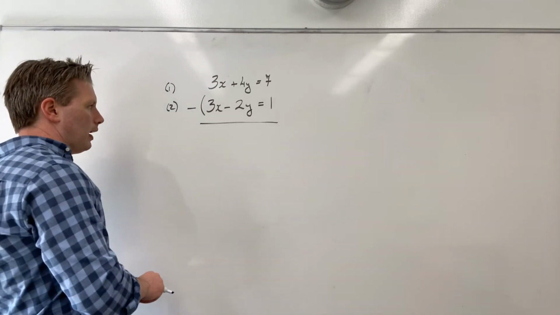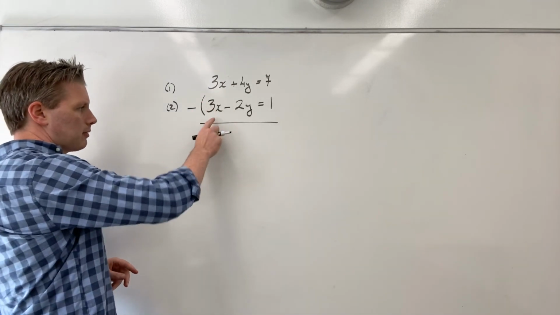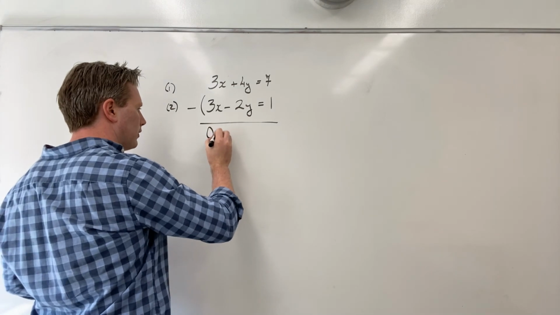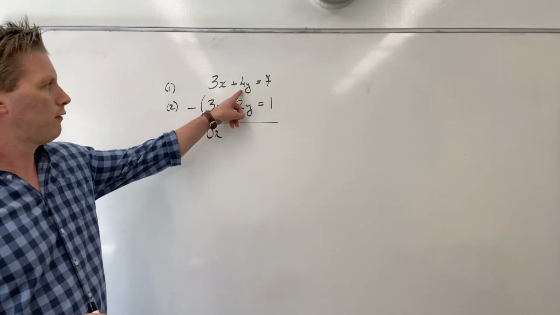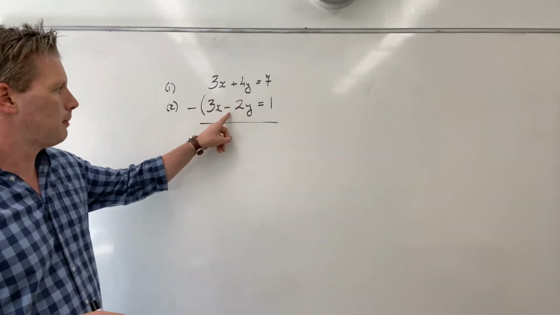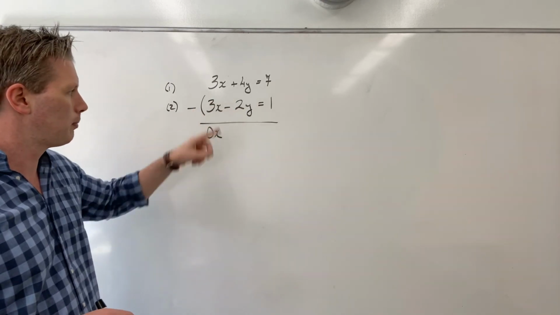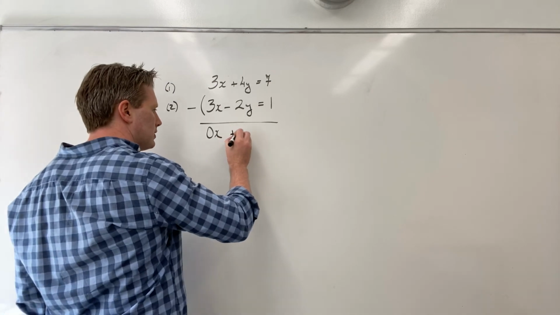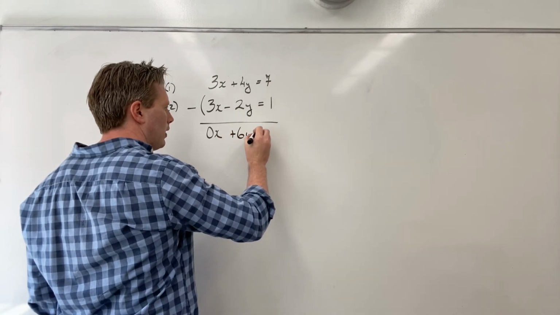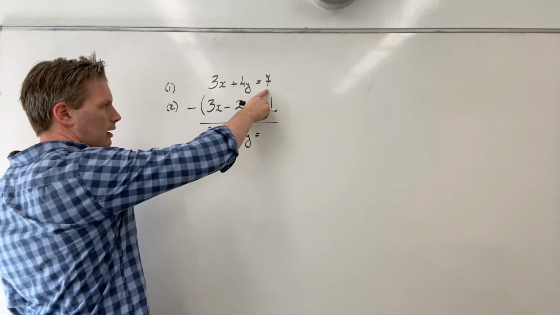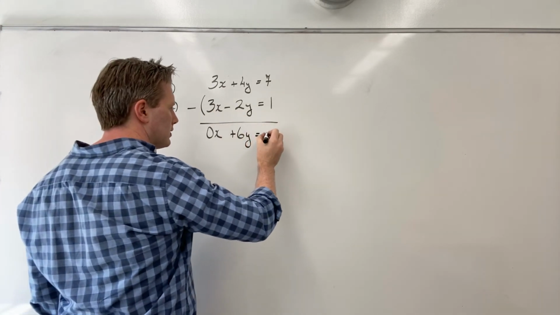And so I have 3x minus 3x. That's 0x. I have 4y minus 2y. A minus times a minus gives me a plus, so I have 4y plus 2y, that's 6y. Plus 6y, I have an equal sign, and I have 7 minus 1 is 6.